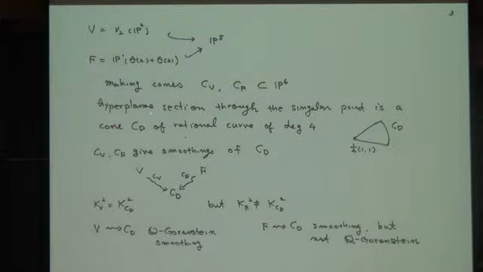If you consider a hyperplane section through the singular point, then we have this singular cone, but if this hyperplane section does not go through the singular point, then we have two different smoothings of this cone. One is coming from V, one is coming from F.